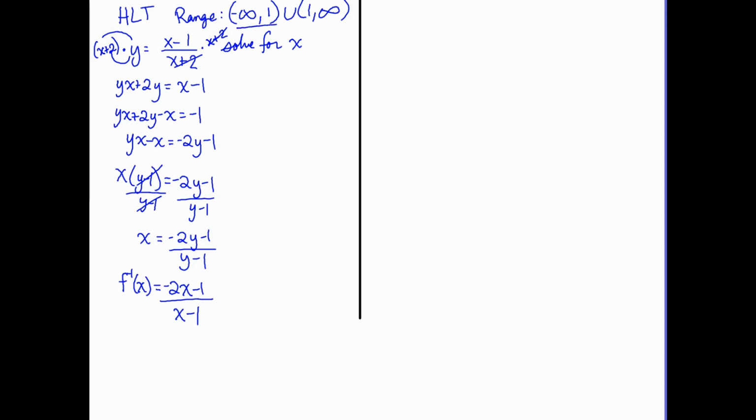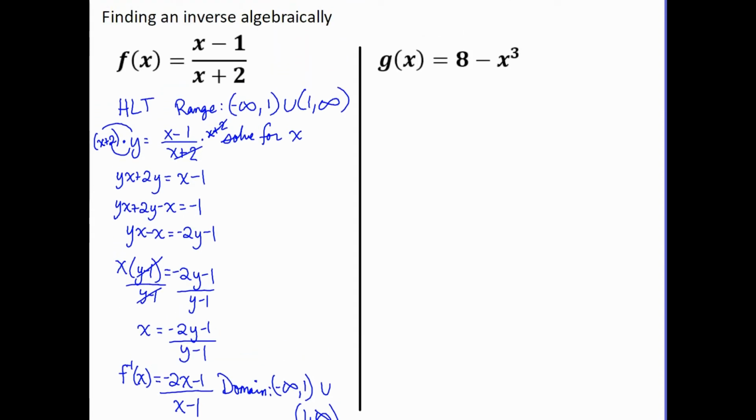But if you look again up here at our range, it is taken out early. So we just write that the domain for this function is only defined for negative infinity to 1 union 1 to infinity. So that's how you determine what the inverse function is when you have a rational function.